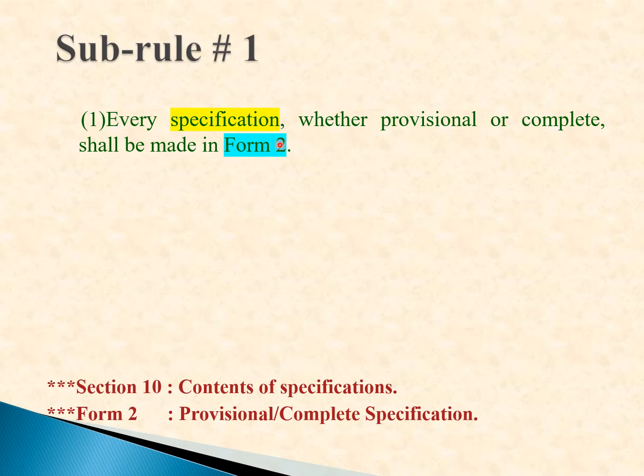Subrule 1 says every specification, whether provisional or complete, shall be made in form 2. Here also you can see the linkage. We know the title of form 2 is provisional or complete specification. And as it is linked with section 10, I have also mentioned here section 10 is contents of specifications.